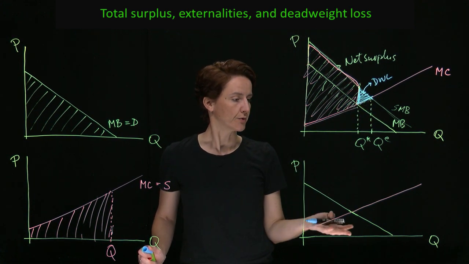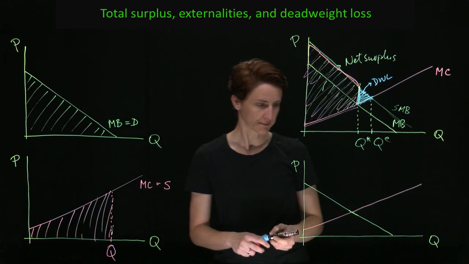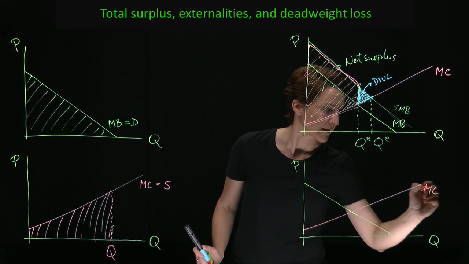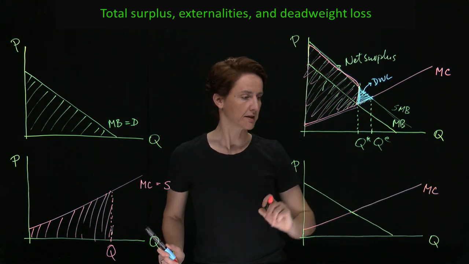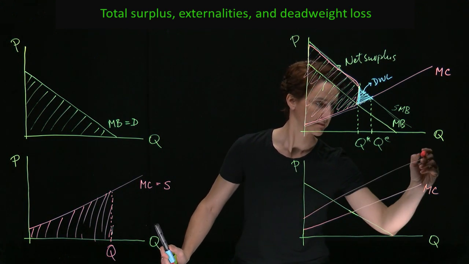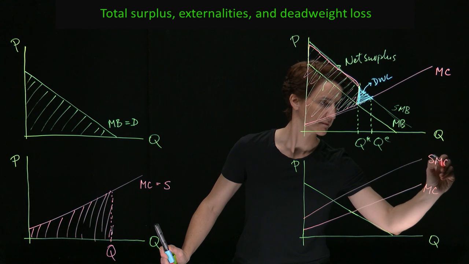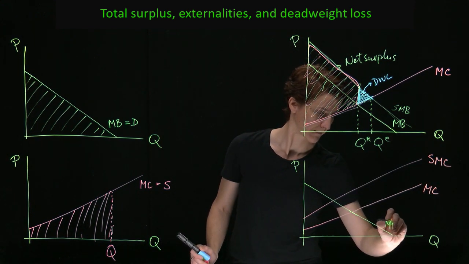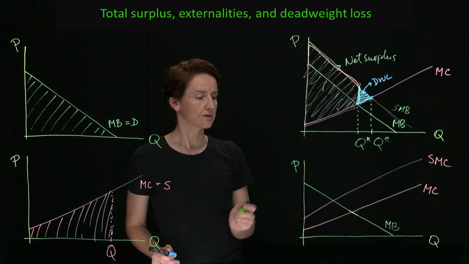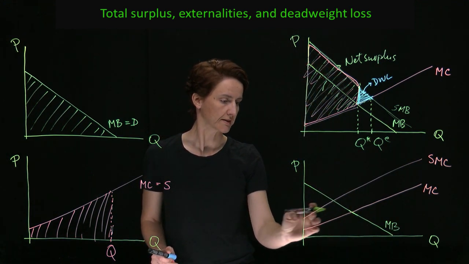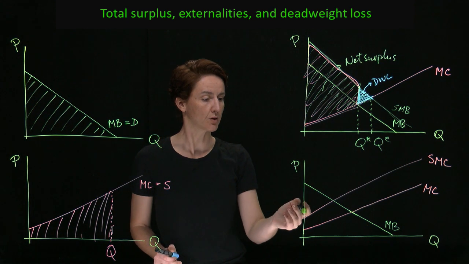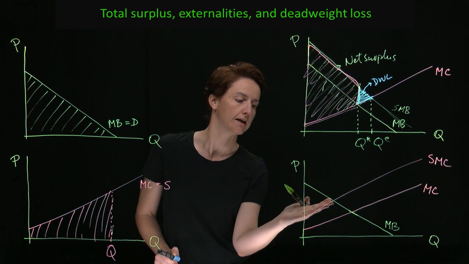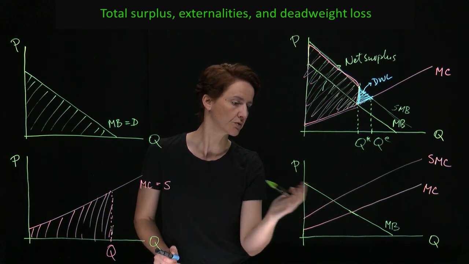If we have negative externalities, what that would mean is that there are external costs created by each unit. So now the total surplus in the market that can be achieved at most is this smaller triangle, the area under marginal benefit and above the social marginal cost.